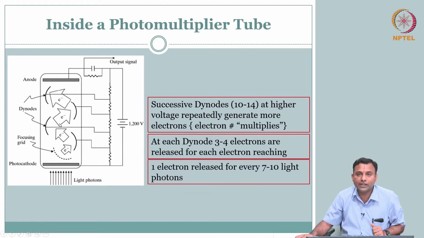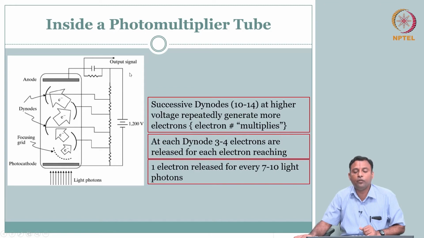When you have that, what is happening? You start with one electron, after the first dynode you get an additional 3 or 4, and those 3 or 4 go into the next dynode, a chain effect, so it starts to increase. This is why it is called a photomultiplier tube. You see how the electrons are multiplied as you go through the successive 10 to 14 dynodes.